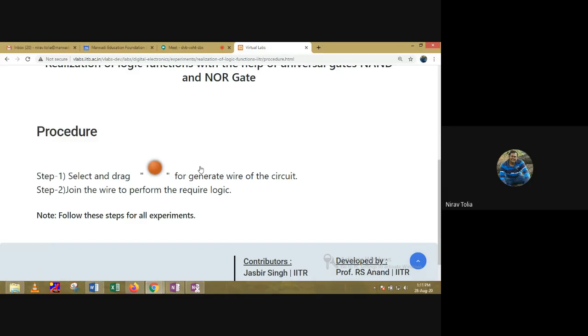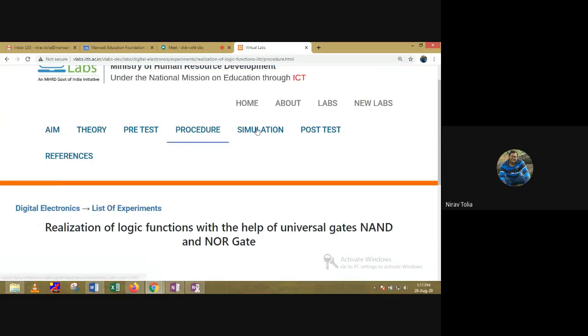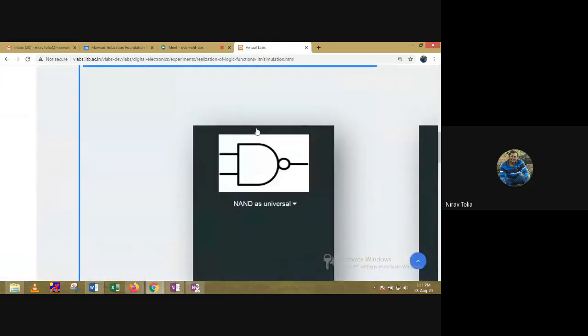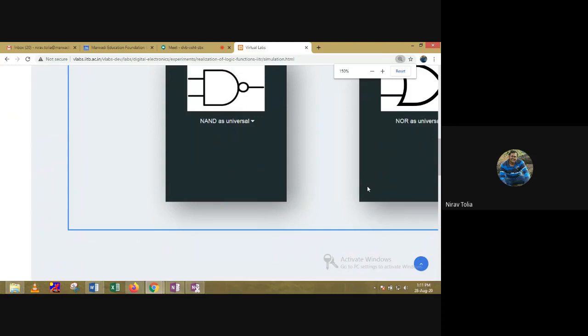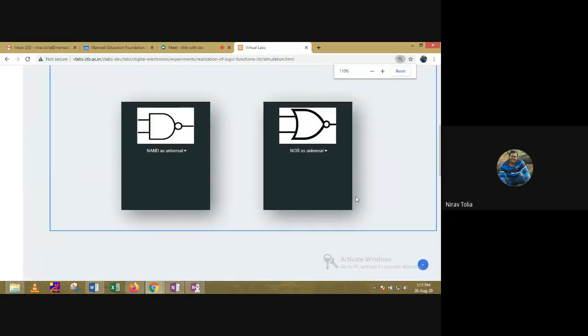So this is the thing. Now go for the simulation. For that you have two options. First, either you can use NAND as a universal logic, or you have NOR as a universal logic.